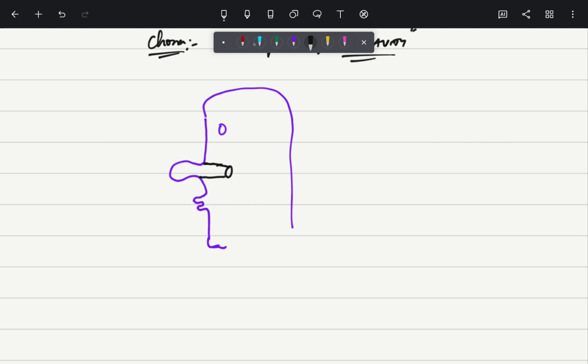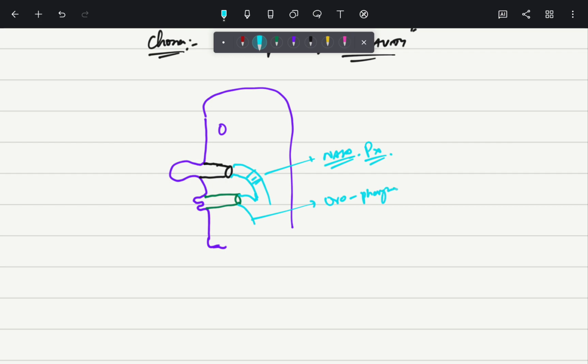We'll draw the pharynx in a different color. This is the oral cavity, and above is the nasal cavity. These two open into your pharynx. This is your nasopharynx, and this part here is your oropharynx.